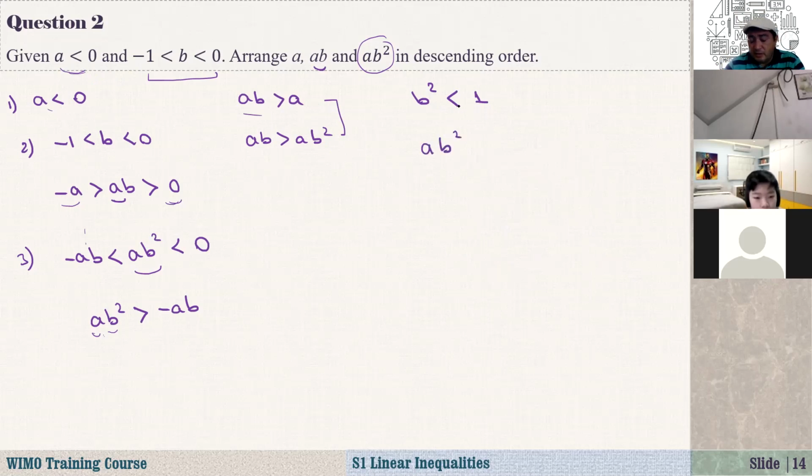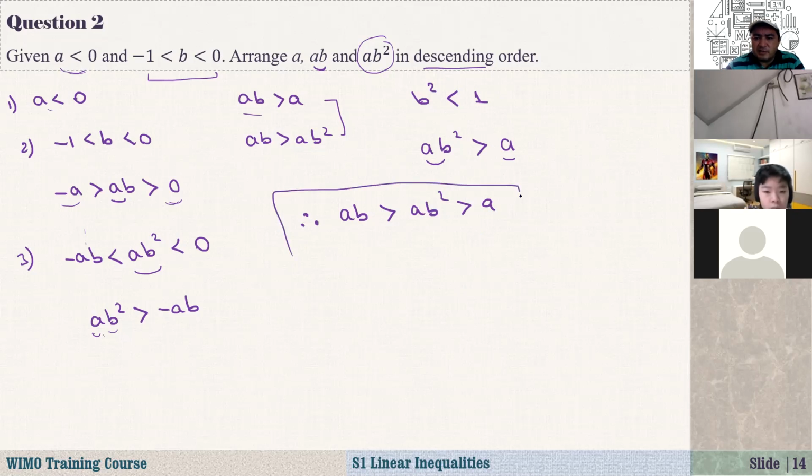I need to change the inequality sign because we are multiplying by a negative number: greater than 1 times A. So that means that AB squared is greater than A. So now that means AB is greater than AB squared, which is greater than A. It says descending order, right? From the largest to the smallest. The largest of these numbers is AB, the next one is AB squared, and the smallest one is A.